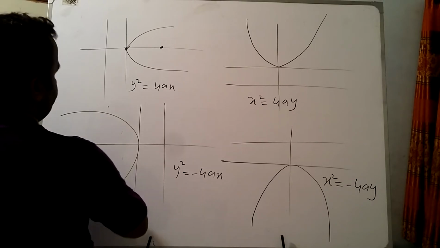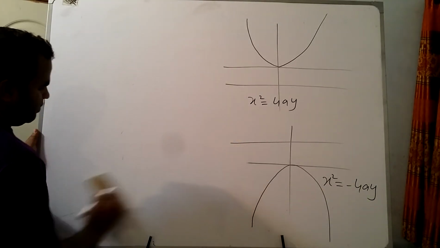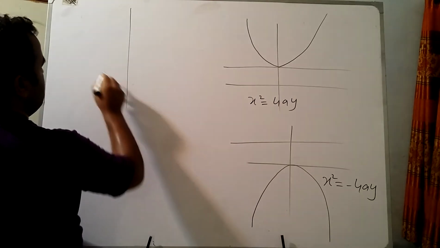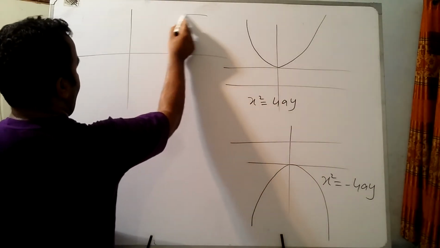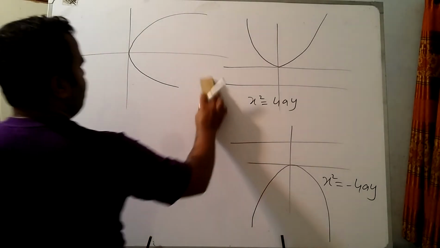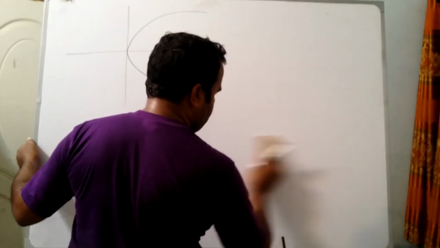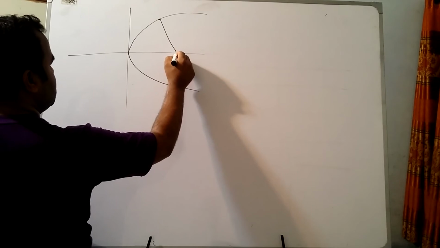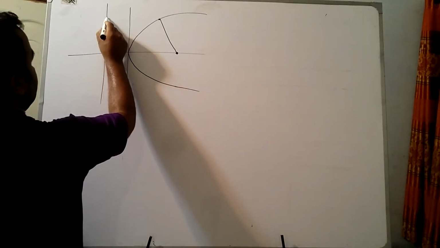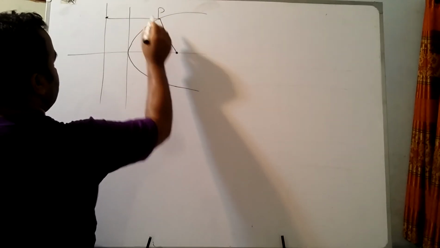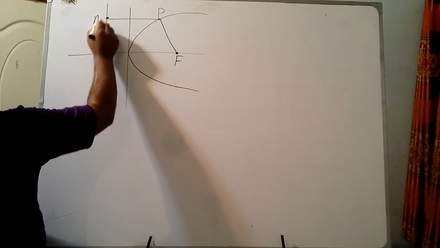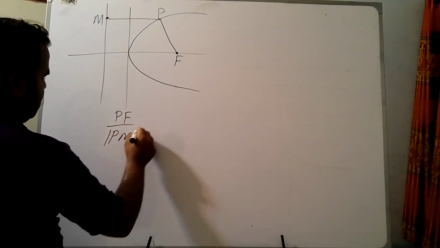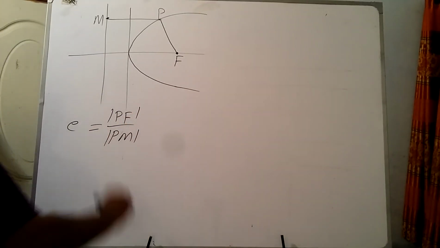Eccentricity. We know the length ratio of a point P to the focus and to the directrix line M: PF and PM length ratio is called eccentricity, denoted by e.